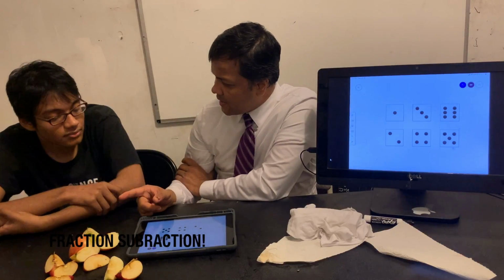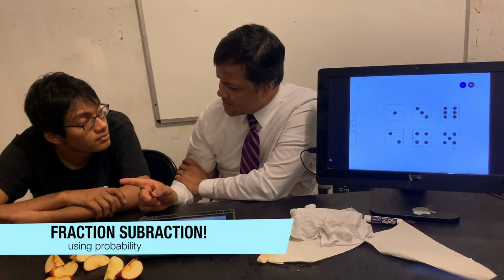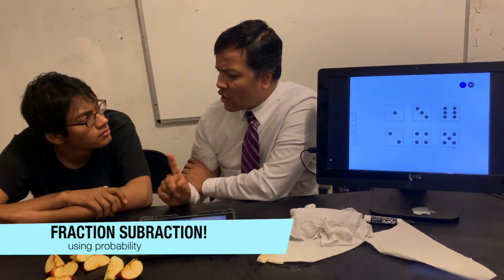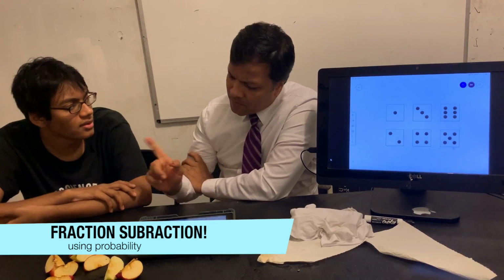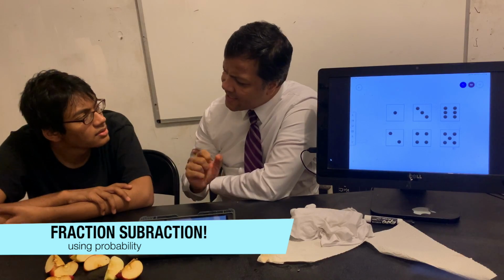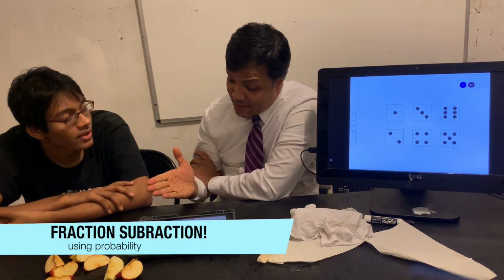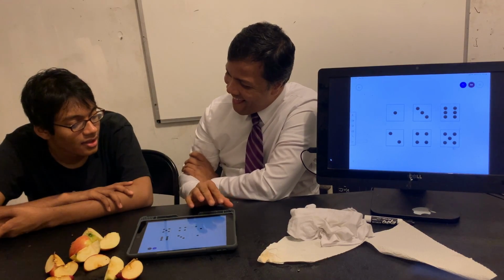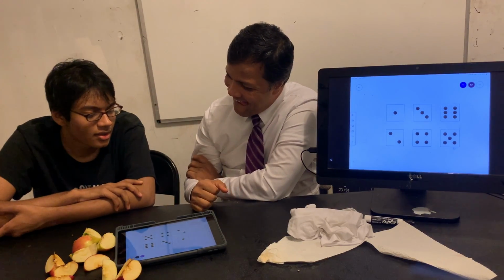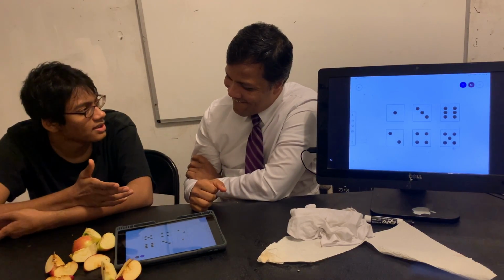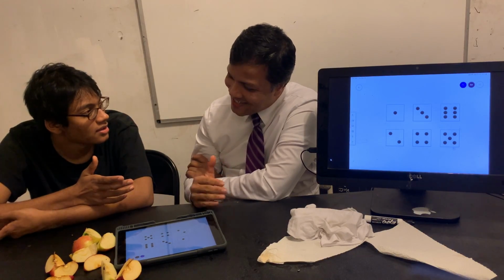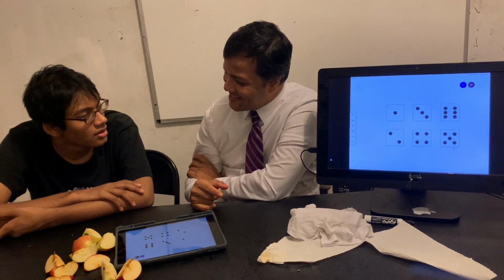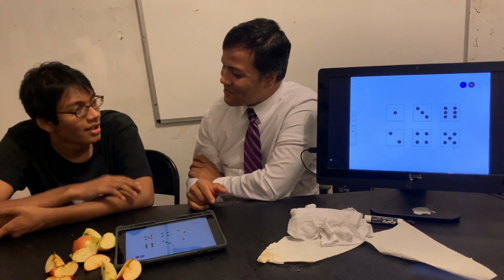Arithmetic operations, okay? And that is subtraction. So what is the probability of rolling a die and not getting 1? By the way, what is the probability of rolling a die and getting 1? 1 over 6. And what is the probability of not getting 1?